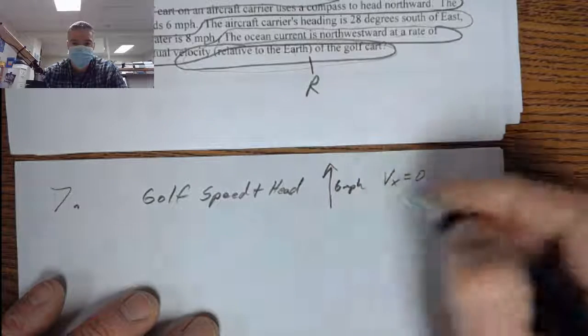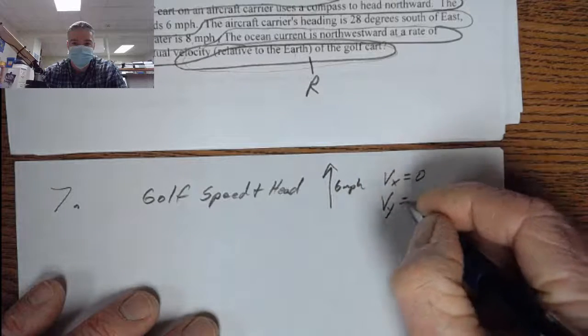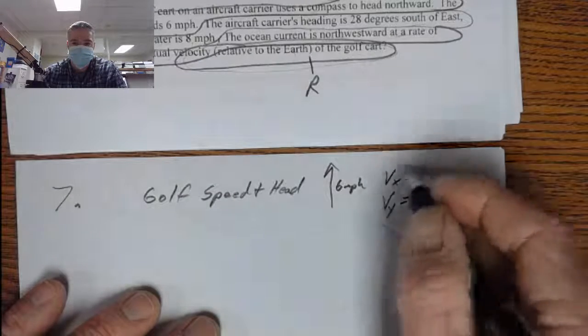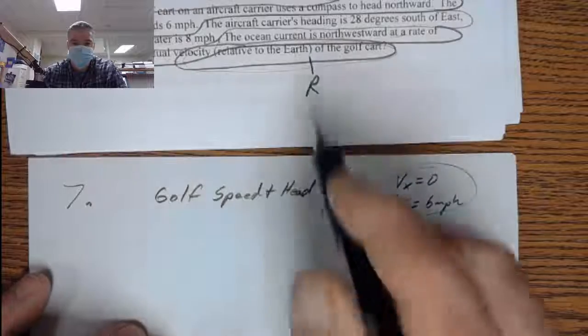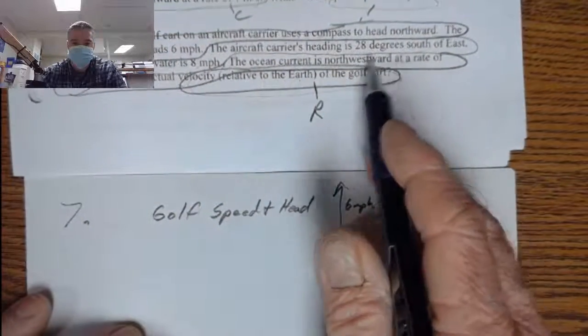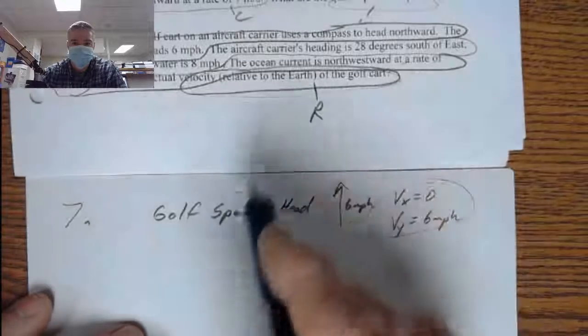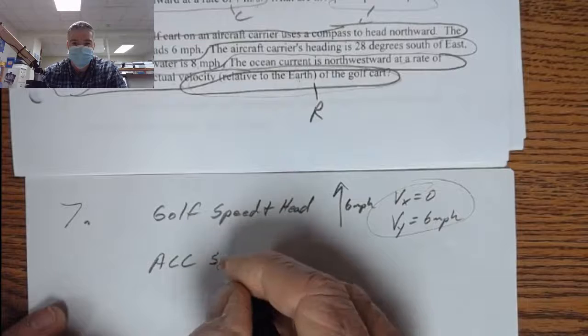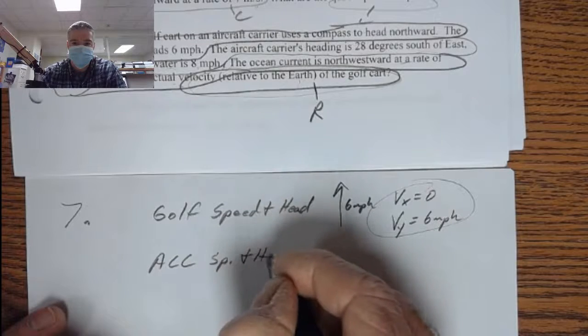It's not going left or right. Y component of the velocity is 6 miles per hour. All right, so that one's taken care of. The aircraft carrier's speed and heading, 28 degrees south of east. This is a little more complicated. Aircraft carrier, speed, and heading.